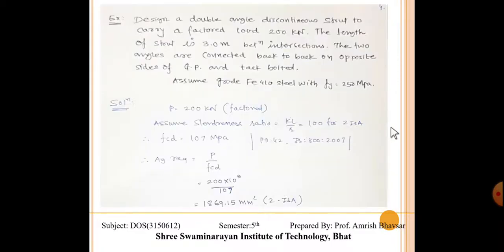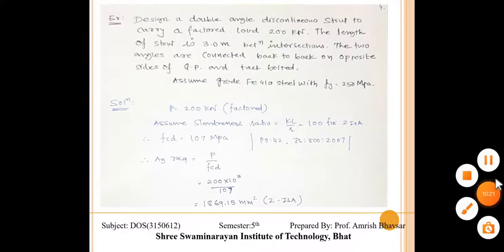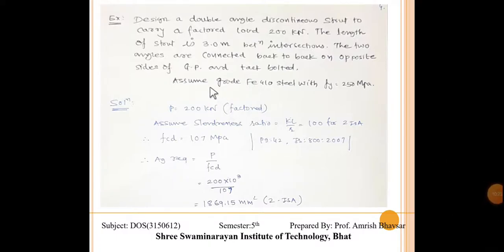Now here is another example: design a double angle discontinuous strut. Here we have to take double angle, carrying a factored load of 200 kilonewton. The length of the strut is 3 meter between the intersections.